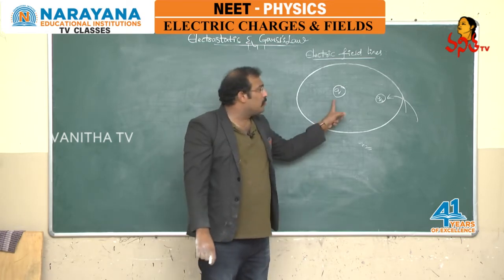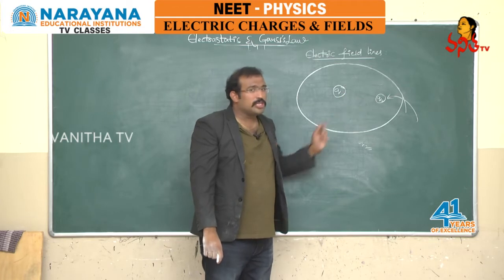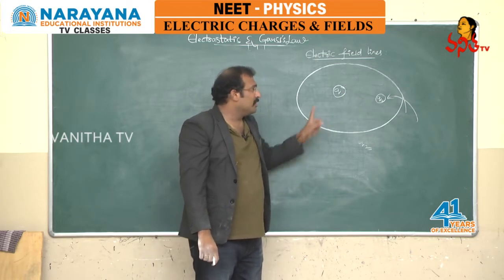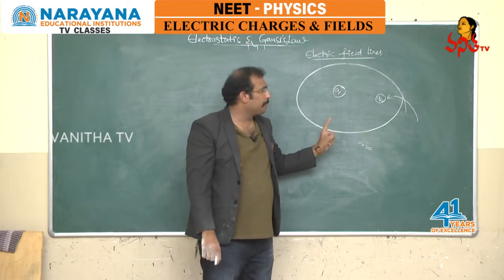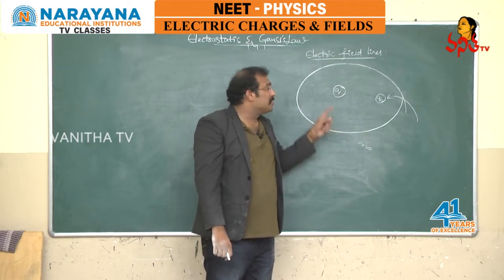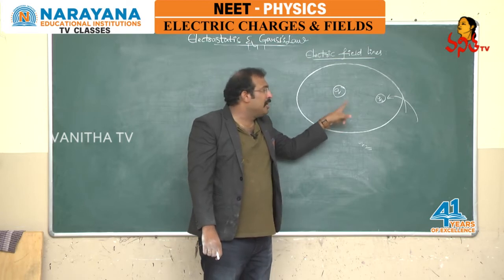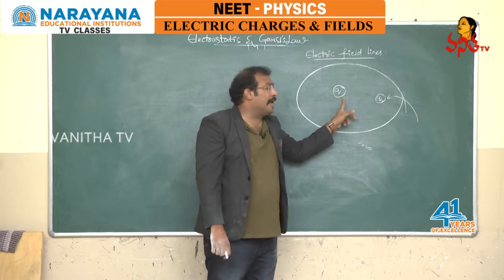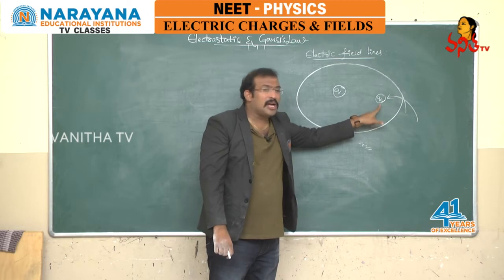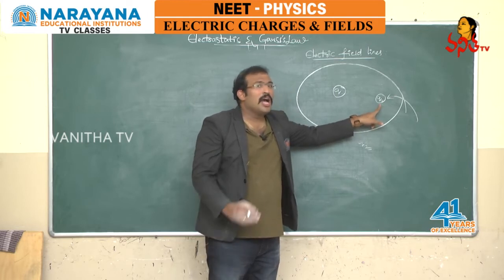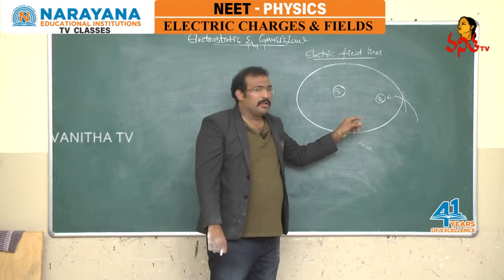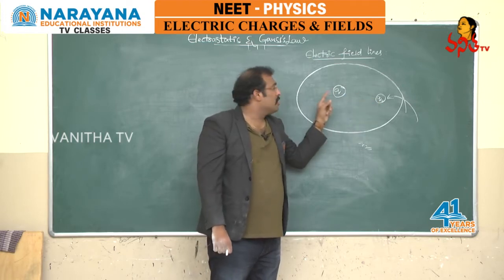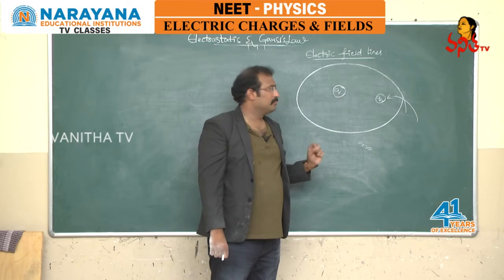Here, this force between them is a two-step process. First, the source charge will produce the field. This is the first step. Second step is this field contains field lines. These field lines will fall upon this charge q naught, producing attraction or repulsion. So in this way, that one charge experiences the force due to the other.